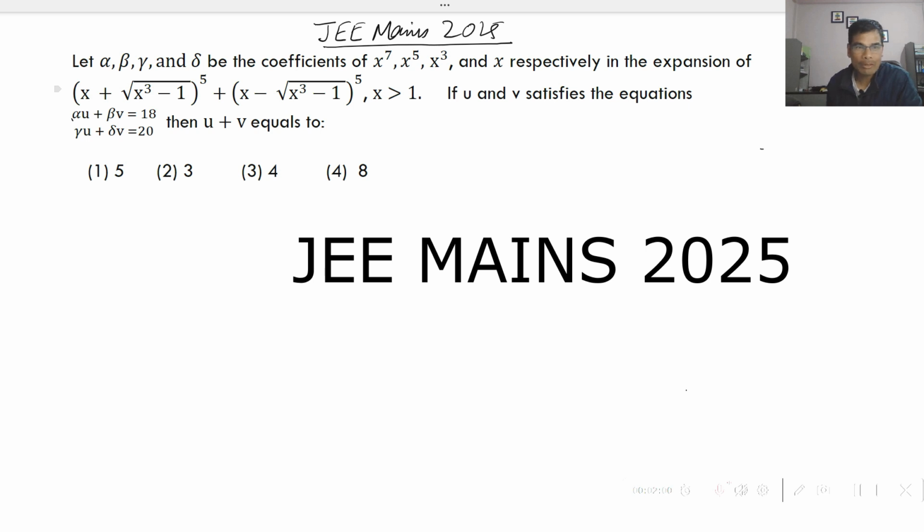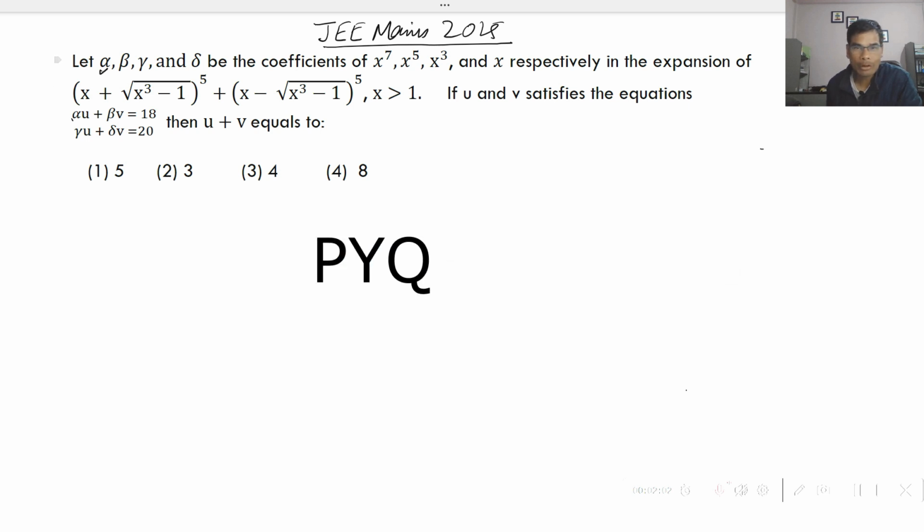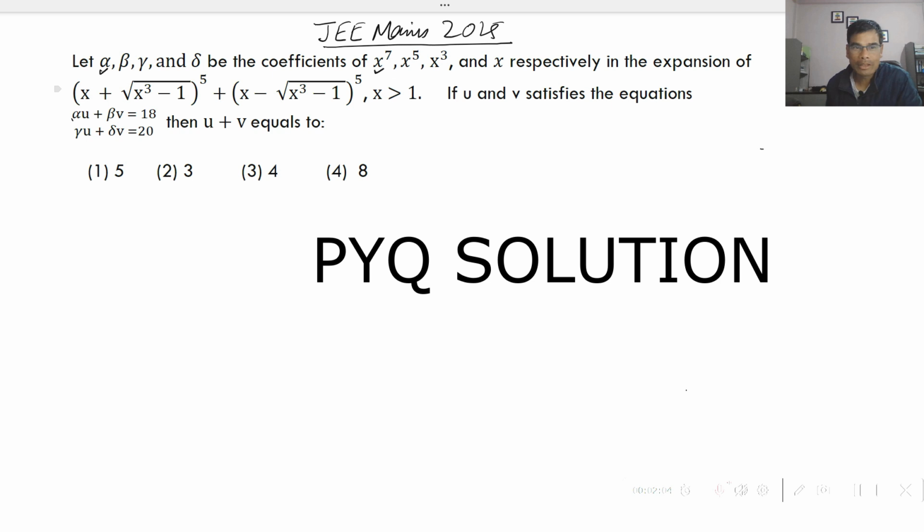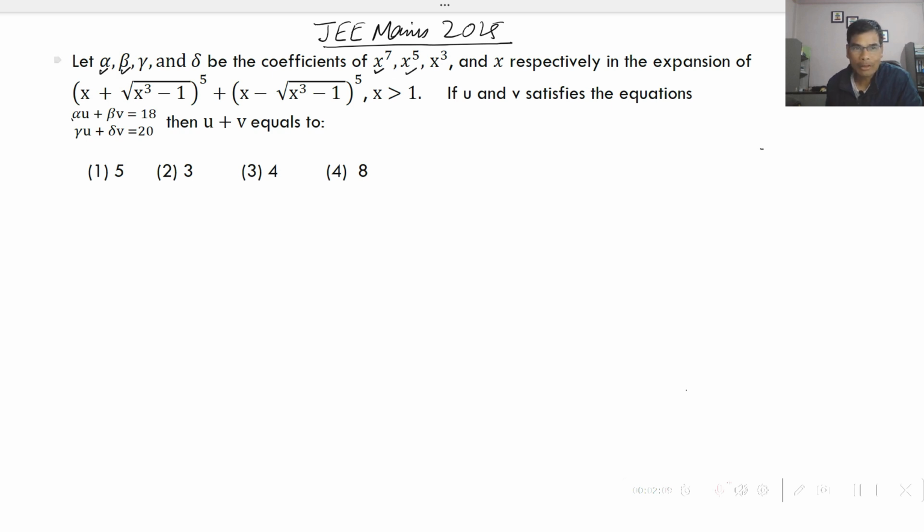So here we have a question which says that if alpha is the coefficient of x to the power 7, beta is the coefficient of x to the power 5, gamma the coefficient of x cubed, and delta the coefficient of x in the expansion of this expression, then if u and v satisfy this system of linear equations here, then the sum of u and v is equal to which of these values.